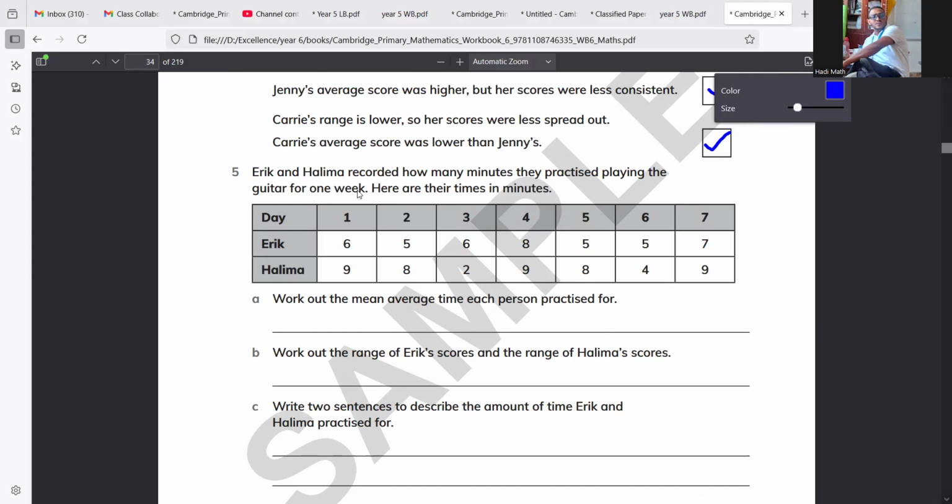Then we have the first question: work out the mean average time each person practiced for. They want the mean. Mean is equal to the sum of all divided by their number.